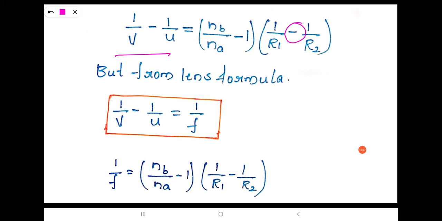R1 is the radius of curvature of the first refracting surface, that is positive, and R2 is the radius of curvature of the second refracting surface, that is negative. So I have taken minus 1/R2. Now this is the Lensmaker's formula.